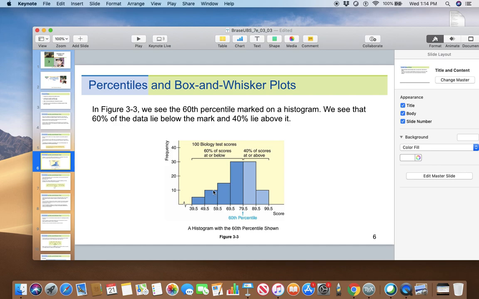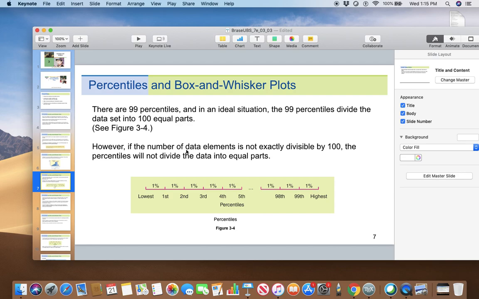Say that's a 5, 10, and so on. 5 plus 10 is 15. 15 plus 15 is 30. 30 plus this is 60. So 60% of the data is before this, and 40% is therefore above it. So that's 30 plus 10, 40. So this location gets me 60% below. That is, this is the 60th percentile.